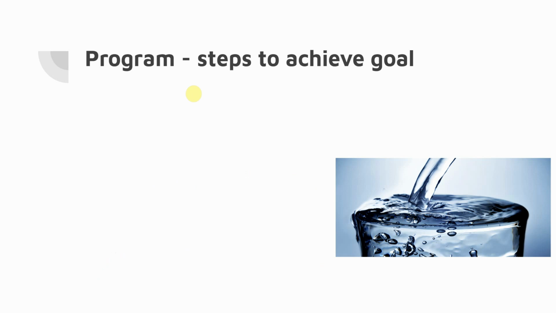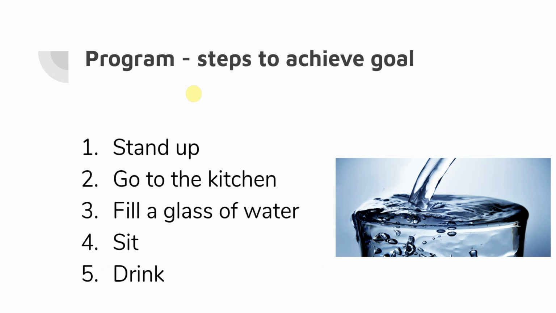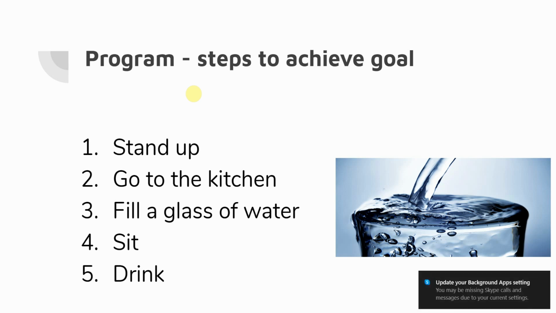Maybe first I need to go to the kitchen. Then I have to fill a glass of water. Then I have to sit and then I have to drink the water. So that's how I satisfy my thirst, right? These are a couple of steps. Stand up, go, fill, sit and drink, right?